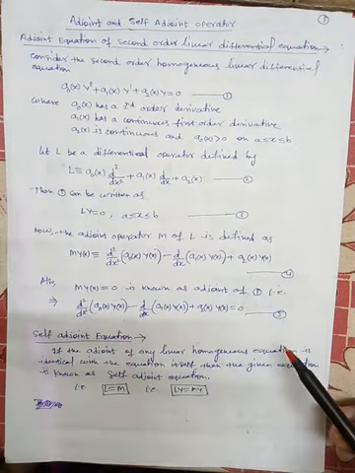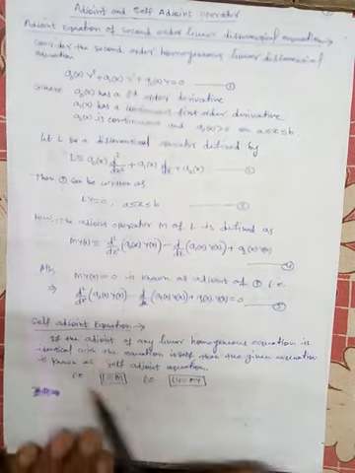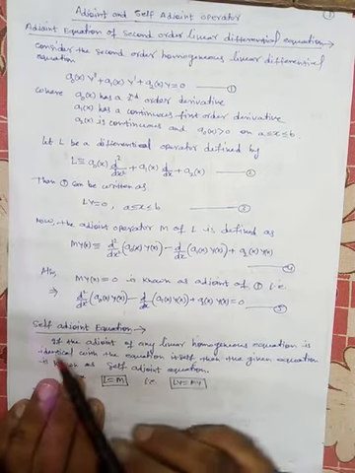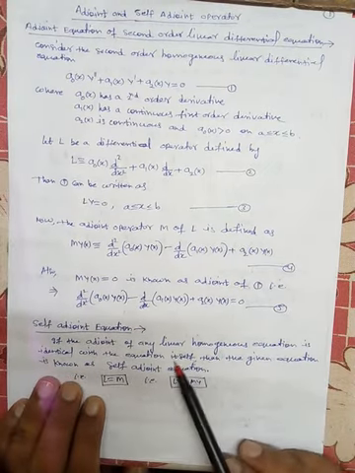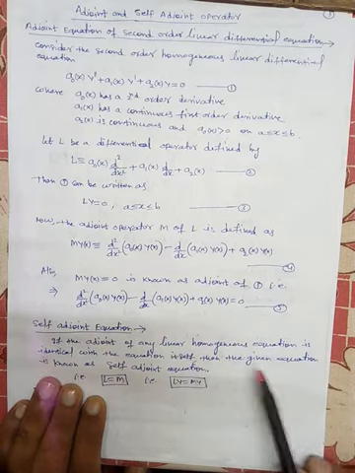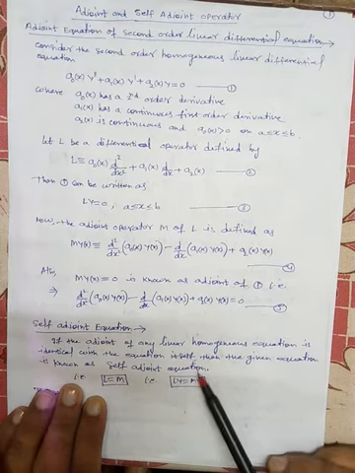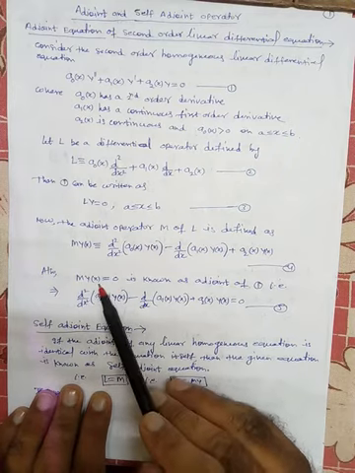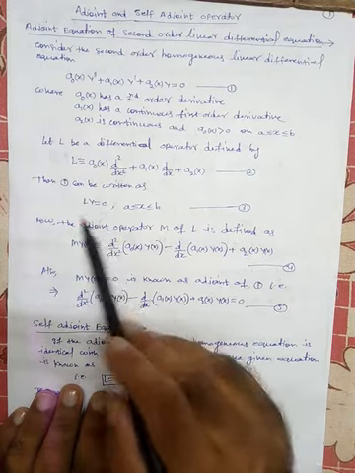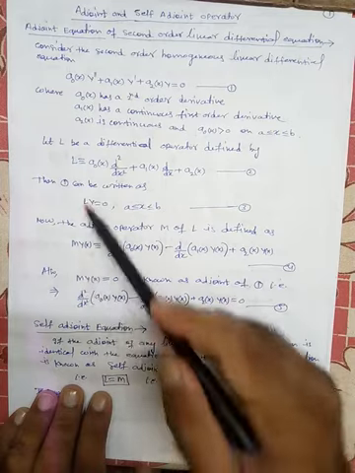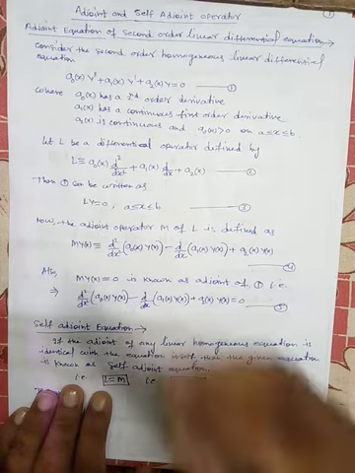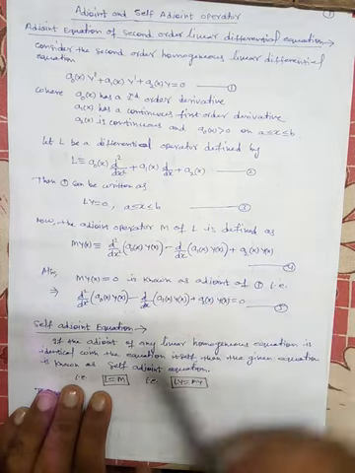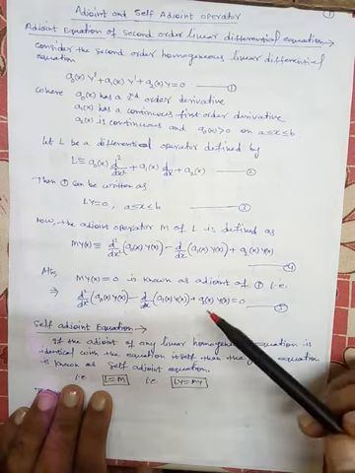Now, the self-adjoint equation. If the adjoint of any linear homogeneous equation is identical with the equation itself, then the given equation is known as a self-adjoint equation. That means this My is exactly the same as Ly. If both are identical, then we can say that the equation is self-adjoint.